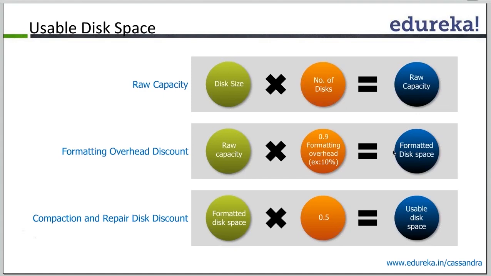If you want to support, say, 10 TB of application data, you're talking about close to 20 nodes with 1 TB disks, because just about 450 GB is what you can use per node.